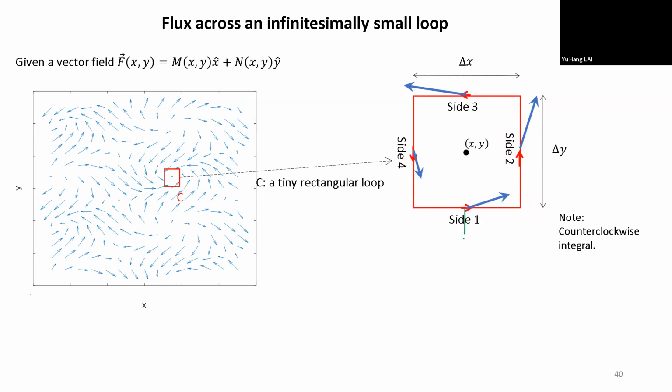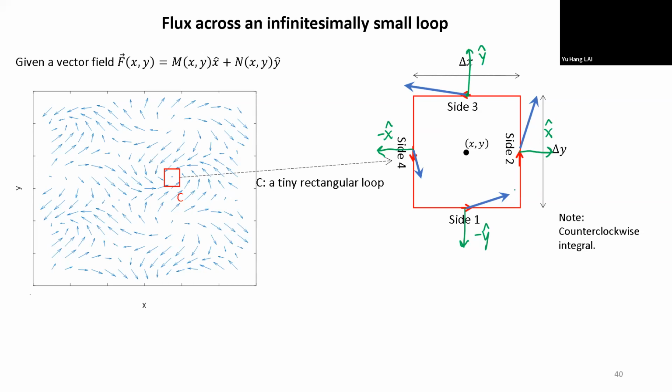The normal vector is pointing down, so it is minus y hat. For side 2, my normal vector will be x hat. Side 3, positive y hat. Side 4, minus x hat.